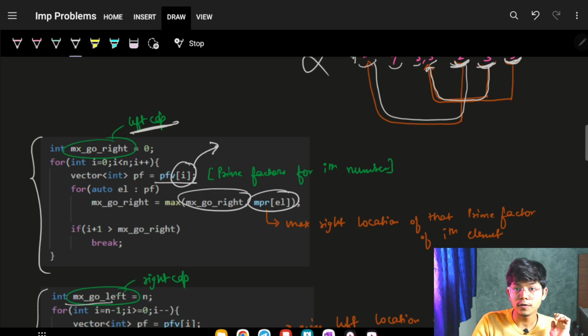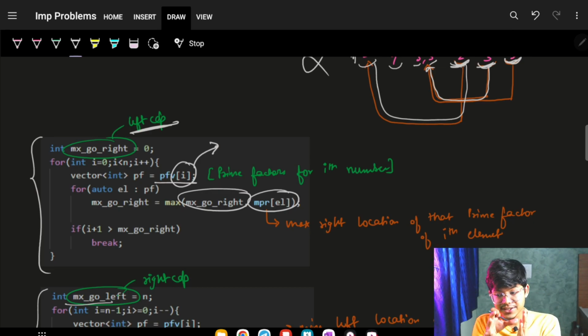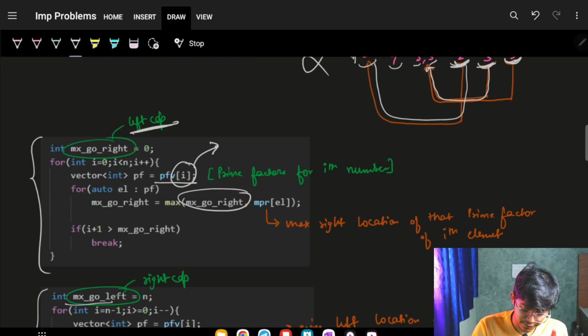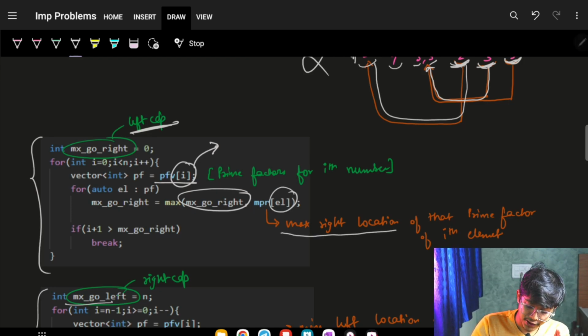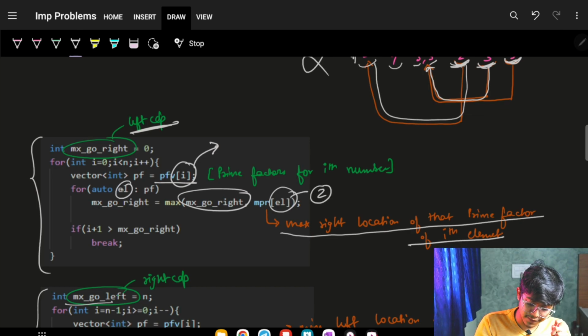And this MPR of E is a map of the extreme right of that particular prime factor, which means the maximum right location of that prime factor of the ith element. If the element is, let's say, 4, the prime factor will be 2.